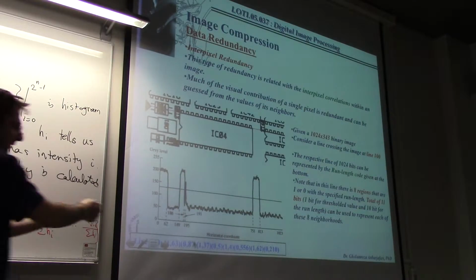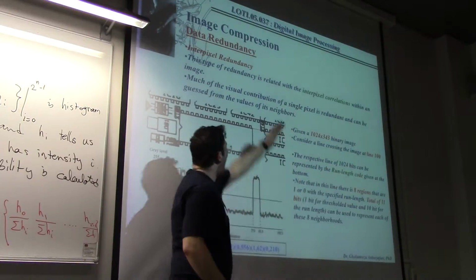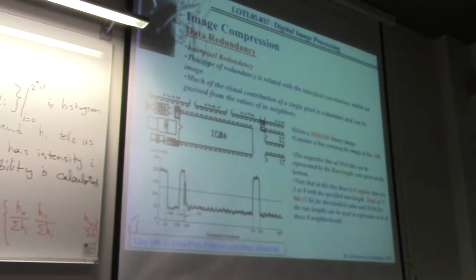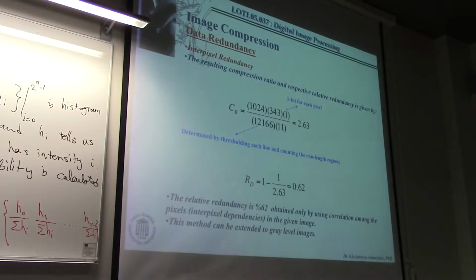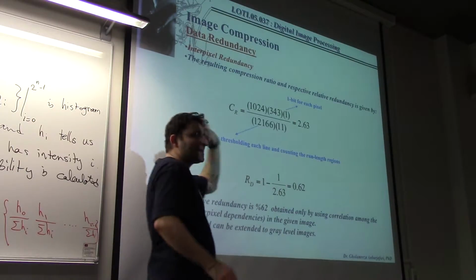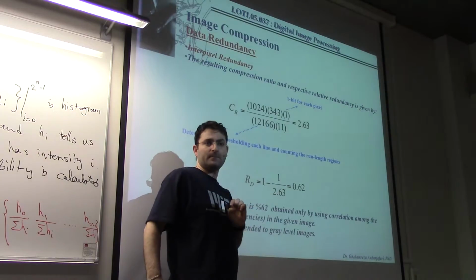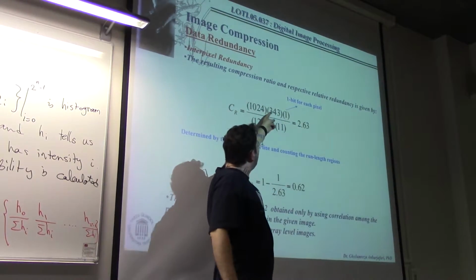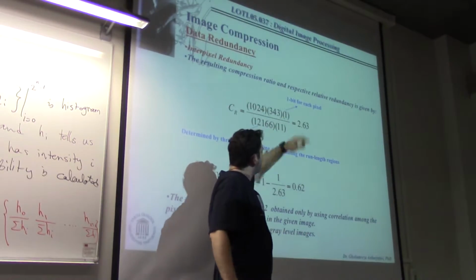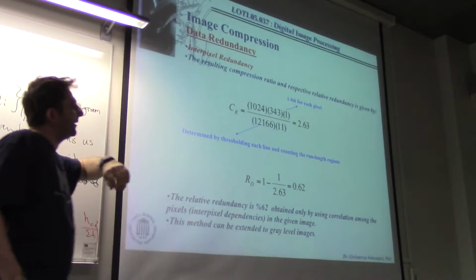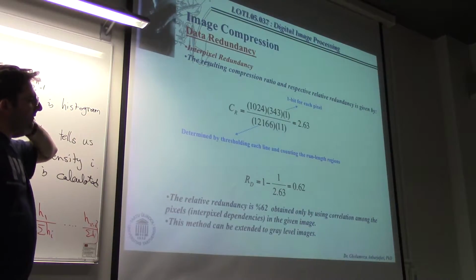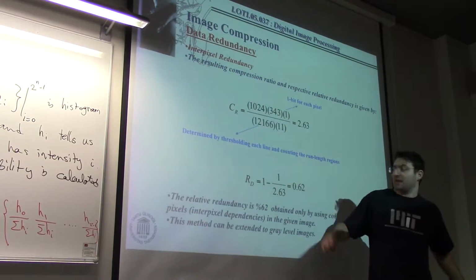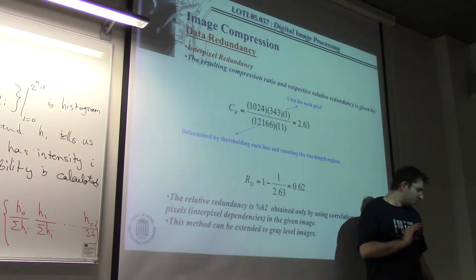So if you add all these numbers of bits, and you do it for every single row that we have, then we will get a total of 12,166. Okay? Now, this was the original number that we were getting. And if you multiply, you will see that we can get a compression of 2.6 and a redundancy of 62.